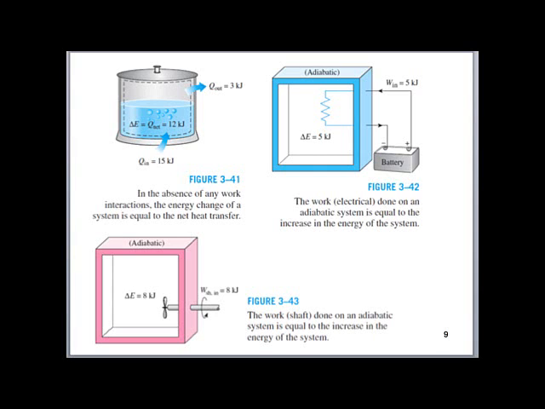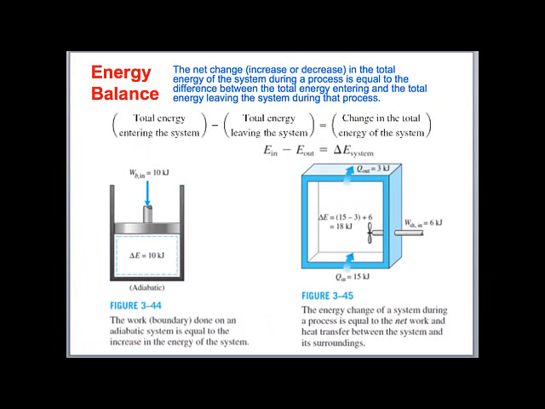We have a few other examples. We have work being added to our system, and that would result in an increase in energy in that particular system in both these other cases. So here's what I mentioned, just shown graphically. We have the total energy entering minus the total energy leaving equals the change in energy in the system. And I really like the example on the bottom right here.